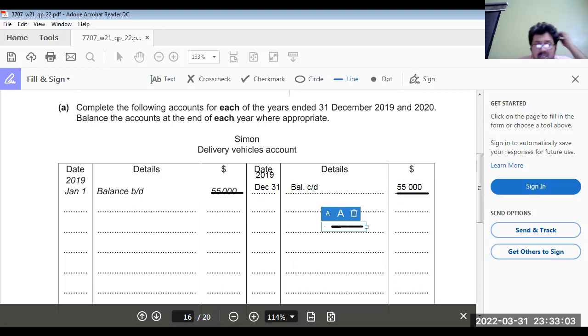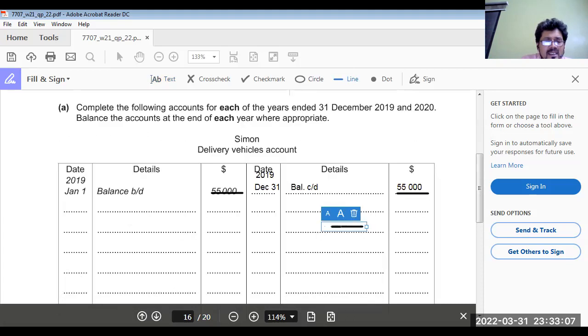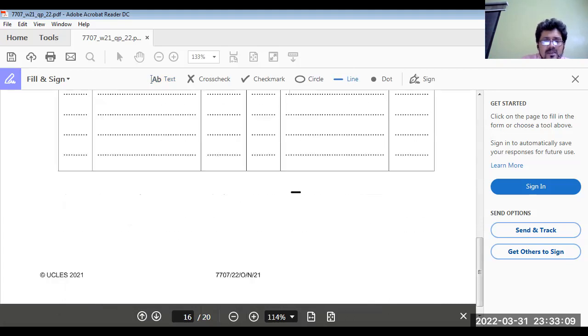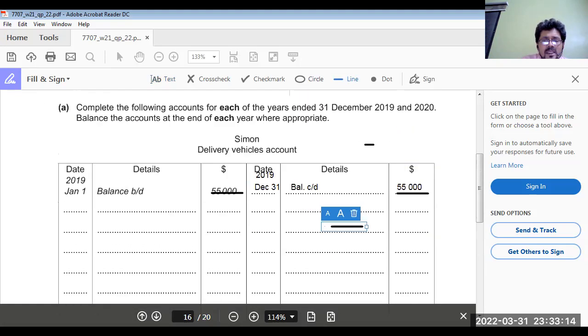Now that was 1st January 2019. Okay. December 31st 2019 we close it. Done. Now what we have to do for 2020.